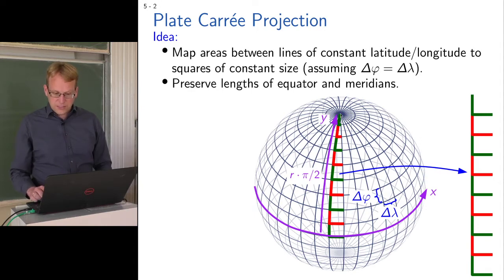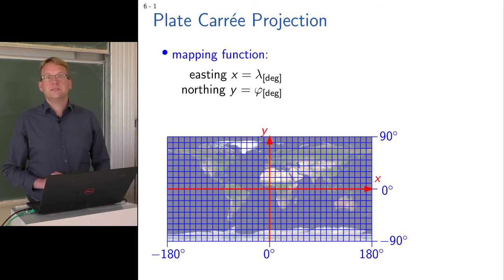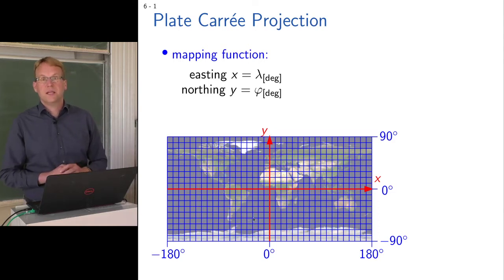And now what we can do is simply say the Plate-Carré projection is obtained by saying easting x is equal to lambda and northing y is equal to phi. And that is what you get then. So this is now the map projected with this Plate-Carré projection.